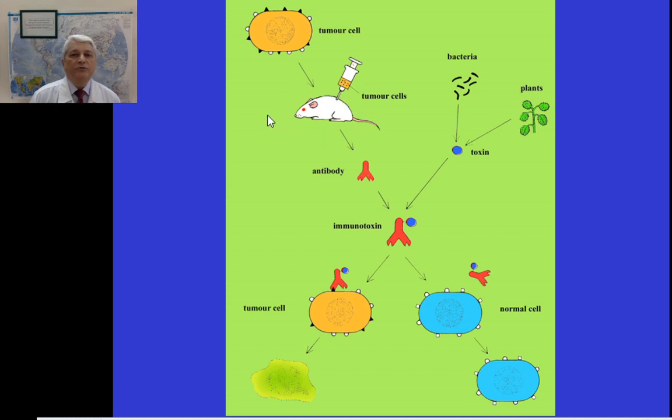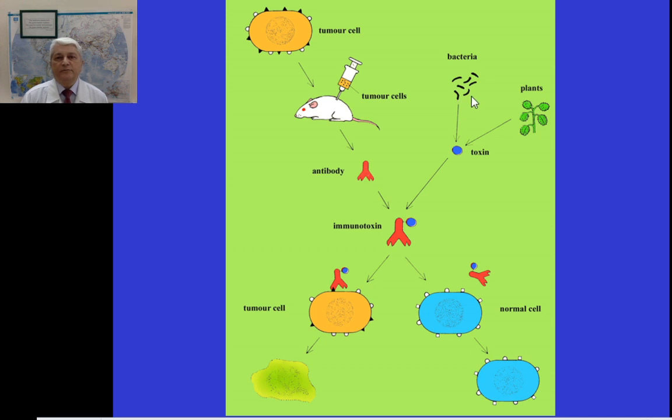Then the mouse will produce antibodies against tumor cells, against specific antigens of tumor cells, and we use here hybridoma technology, and finally we receive monoclonal antibodies in large amounts that can specifically react with these black antigens on the surface of the tumor cells.